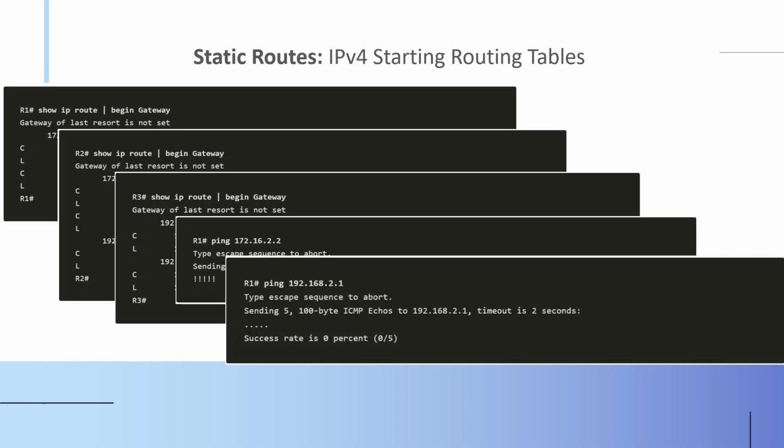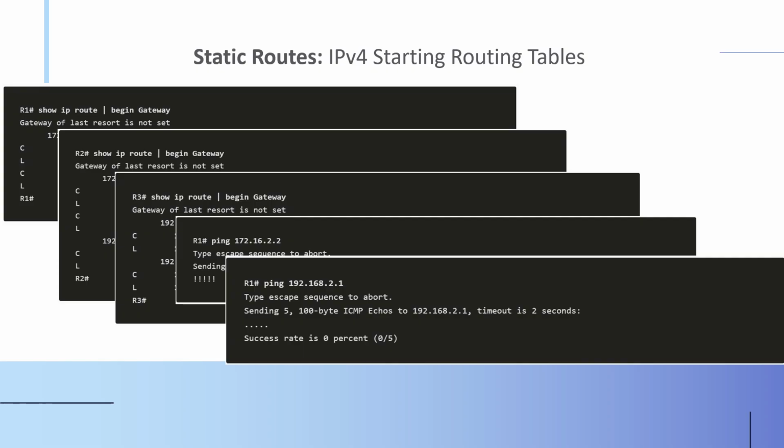But if we use the ping command to see if router 1 is able to communicate with router 3 through the interface serial 0/1/1, which has the IP address 192.168.2.1, as you can see from the previous slide, you can see that they cannot communicate. Why?